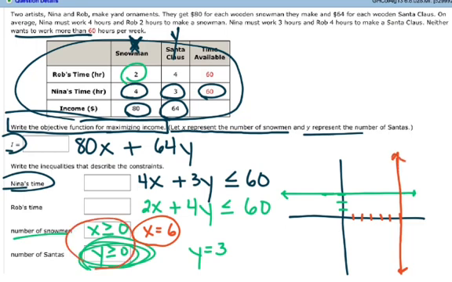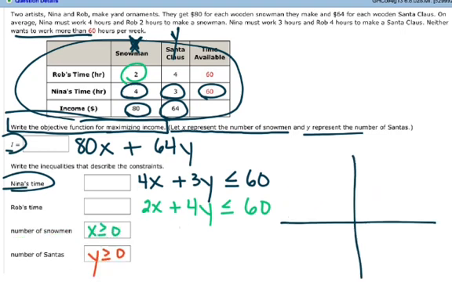Now, I'm going to pause this just a minute and clean this up. Okay, so if you're going to graph Y is greater than or equal to 0, that actually lands right on top of the x-axis. If it's greater than, it's going to be above it. I don't want to shade with this pen because it gets messy in here. The red line is everything above it, and the green line is everything to the right of it.